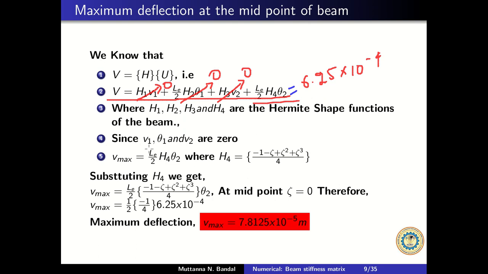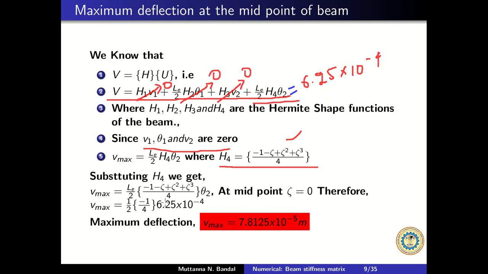So applying the boundary conditions, I got V maximum is equal to L by 2 H4 into theta 2, and H4 is nothing but a Hermite function, which is given by minus 1 minus zeta plus zeta square plus zeta raised to cube by 4.